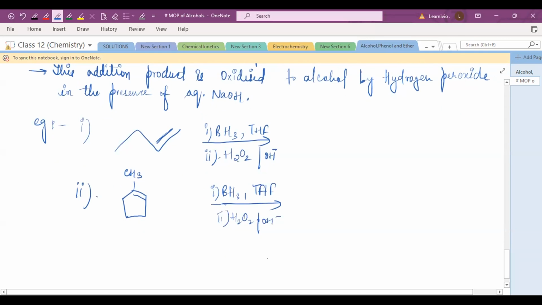In hydroboration oxidation reaction, you are supposed to apply the anti-Markovnikov addition rule, and in the previous, your acid catalyzed reaction, what did you have to apply? The Markovnikov rule.